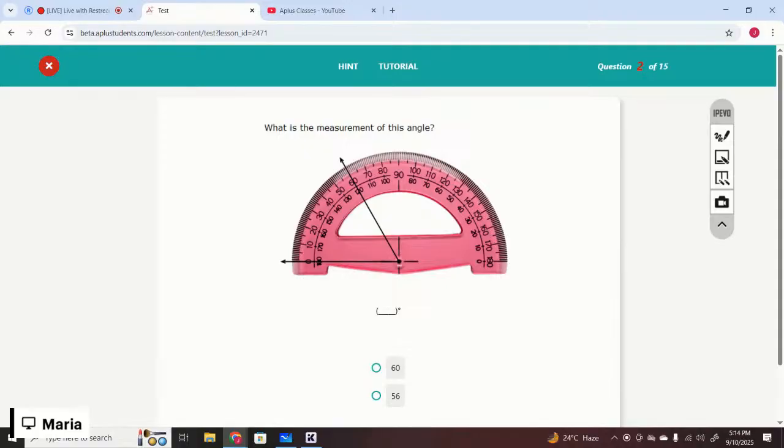So the other one you can use to measure the angle. So you have to use them from the outer line, right? So that is 60 degrees. Option number one is the correct option. That is 60 degrees.